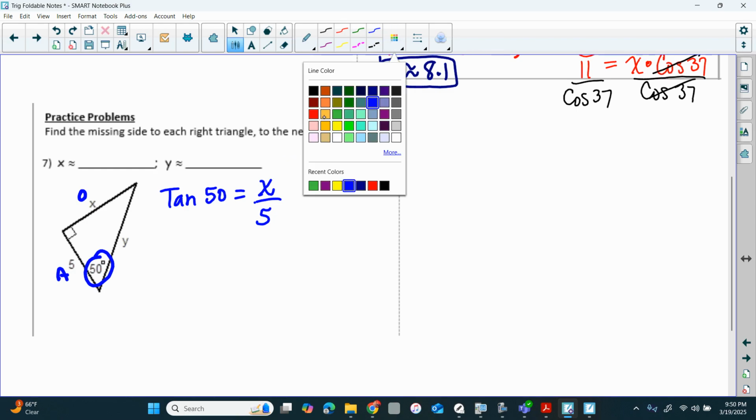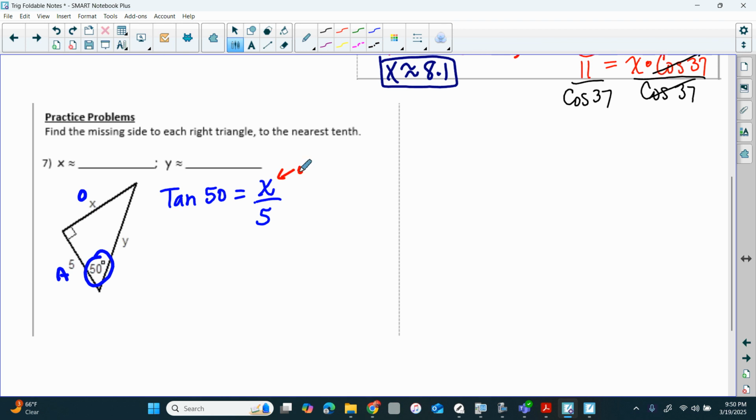So the x is on top. Because the x is on top, you multiply. I'm just going to abbreviate that. So basically, I can go straight to showing that. Or you can go back to putting it over 1 and cross multiply. It doesn't matter. Okay, it's up to what you feel comfortable with.